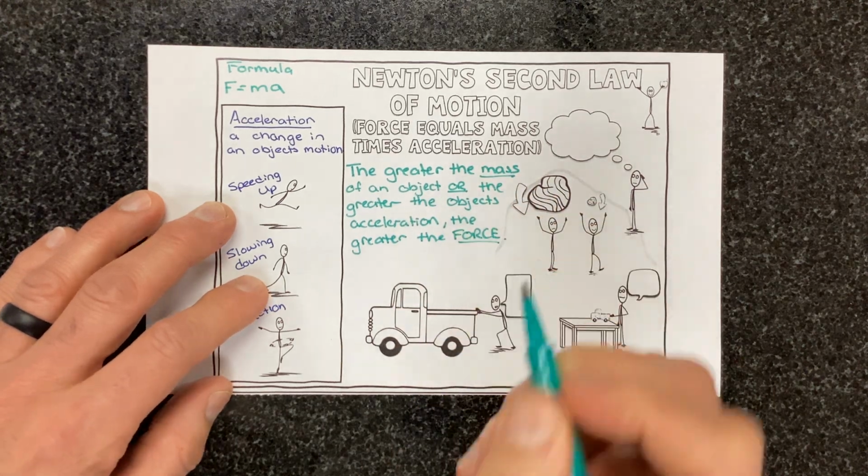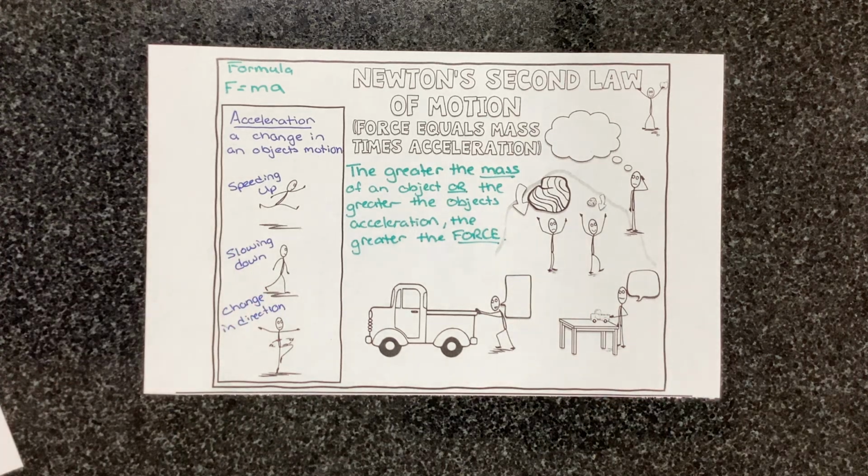All right, so pretty much what we're looking at here is that if you mess with the mass or the acceleration of an object, you will increase the force. And that force can be something getting it to move, something slowing it down. It can be any type of push or pull.